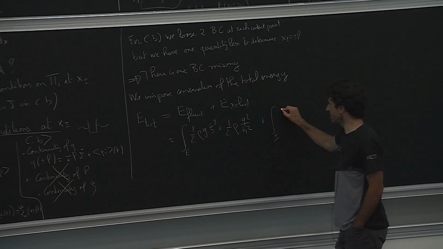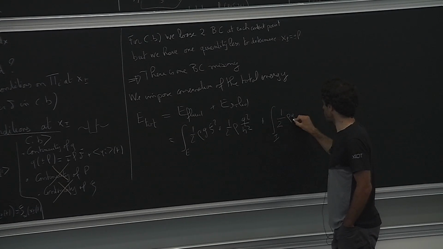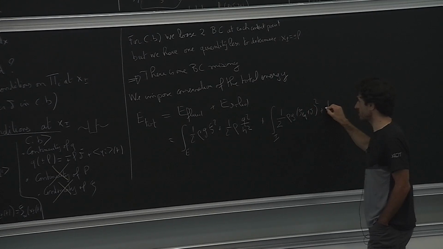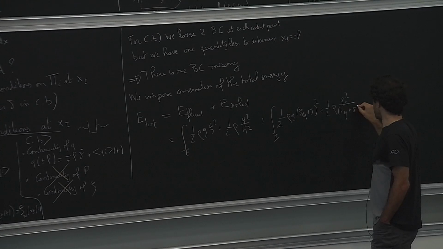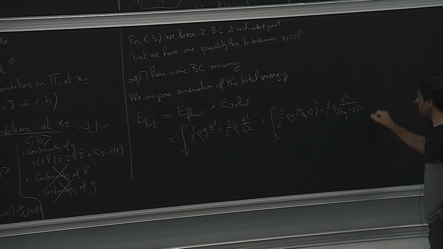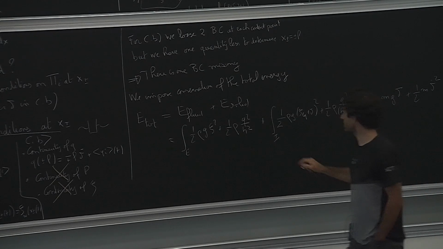You have the same in the interior region, so it is 1/2 rho g, the equilibrium position plus delta, square, plus 1/2 rho qi square over h plus delta square, plus the potential energy of the solid, mg delta, plus the kinetic energy of the solid, 1/2 m delta dot square. It's square over h. Yes, thank you.